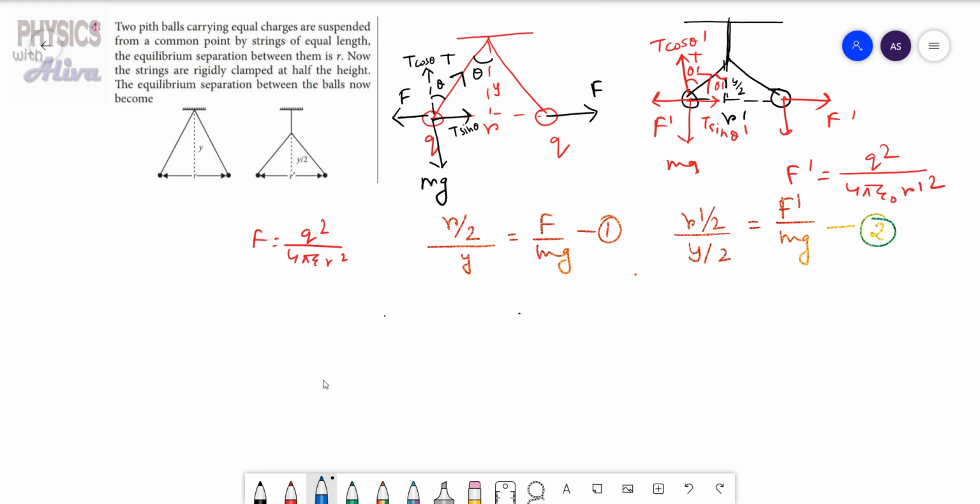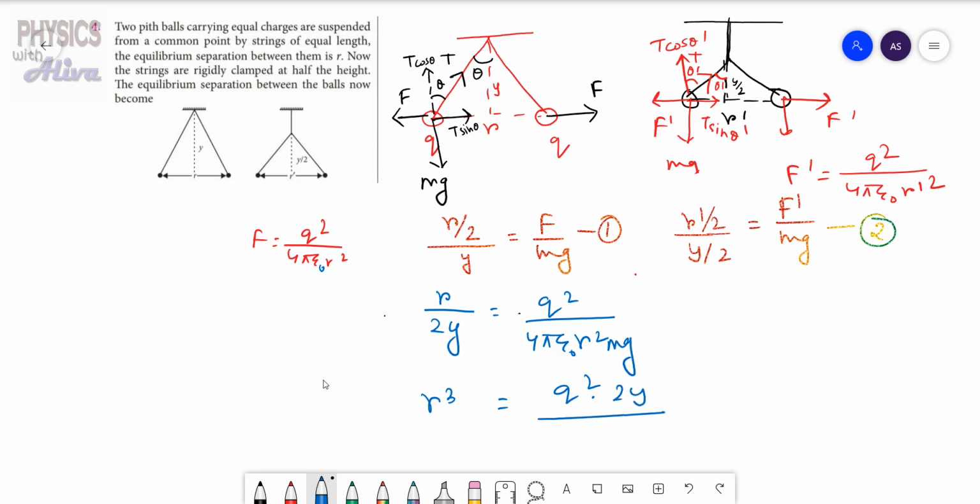So now we can put the value of F here, that r by 2y is equal to Q square by 4 pi epsilon naught r square mg, right? So r cube is equal to Q square into 2y divided by 4 pi epsilon naught mg. Okay, this is our equation number 3.